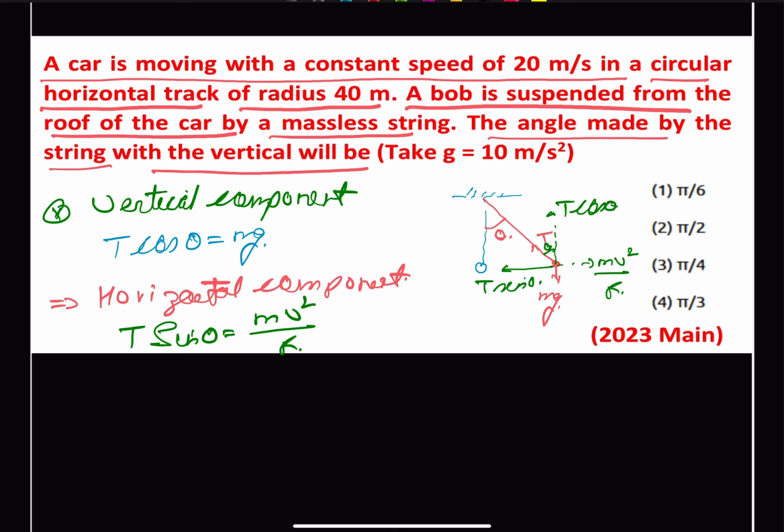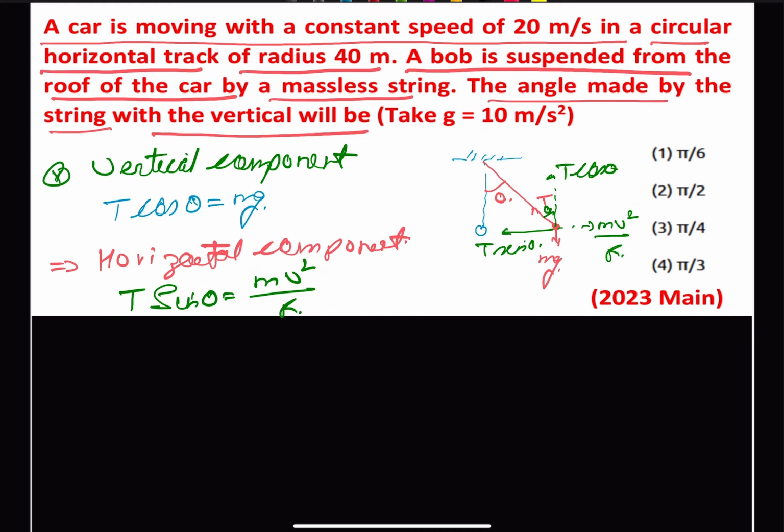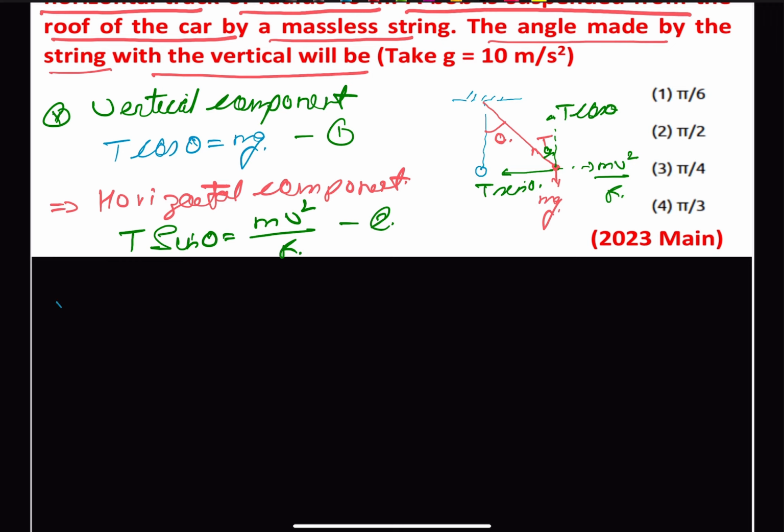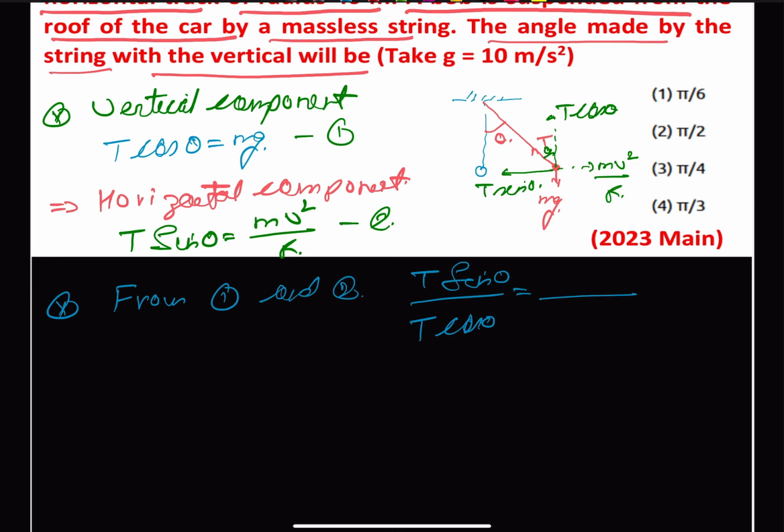So we can just divide them, and let us say this is 1 and 2. So from equations 1 and 2, we can write T sine theta divided by T cos theta will be equal to mv square upon r divided by mg.